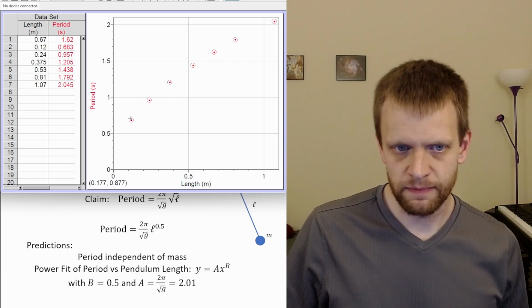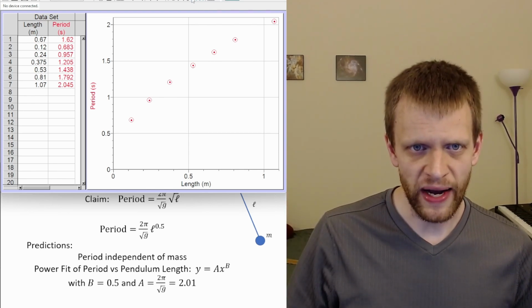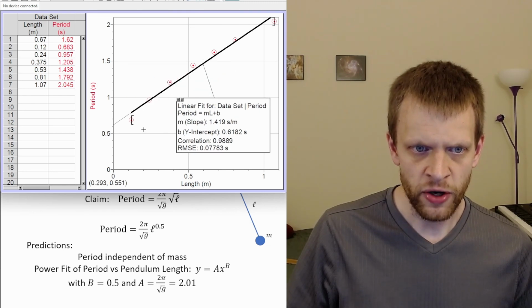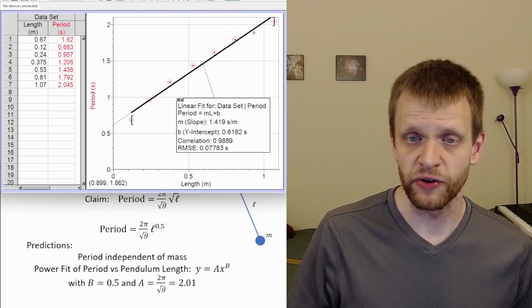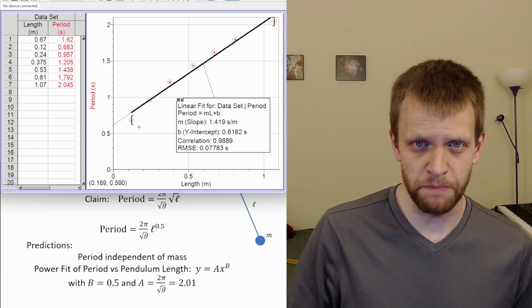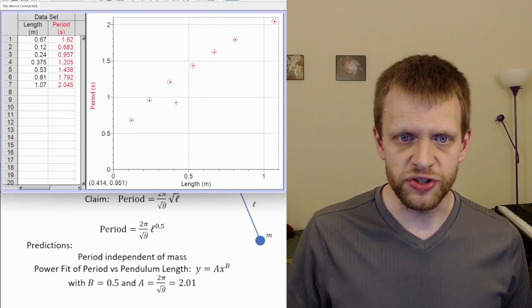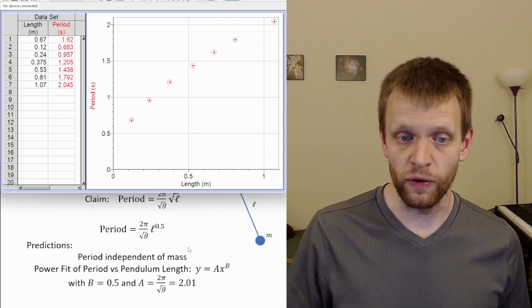Now, you'll notice that these data points look a little bit linear, but if you actually try to put a linear fit on here, you'll notice that there is a little bit of a curve to this. So the linear fit isn't the best kind of fit for this particular data. What we want to use instead is this power fit.